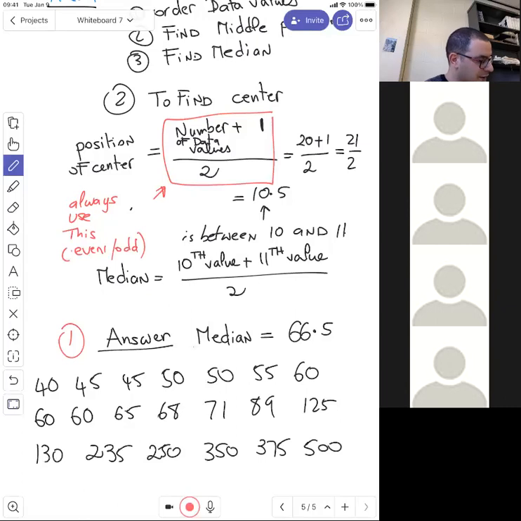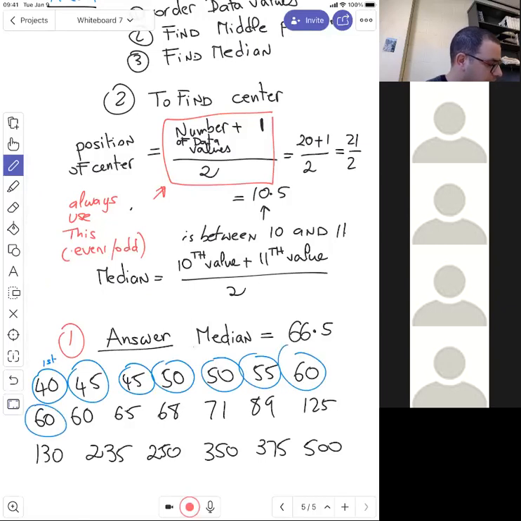Perfect. That's very good. As I said, the median would be the number in the 10th position plus the number in the 11th position. So let's count. This is the first number, second, third, fourth, fifth, sixth, seventh, eighth, ninth, 10th.